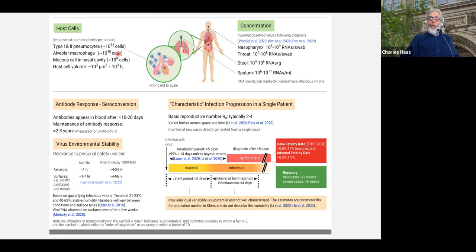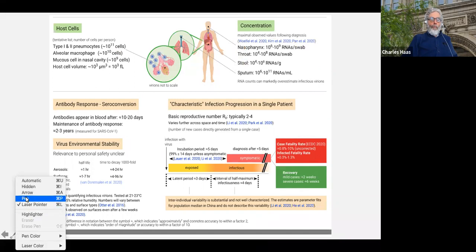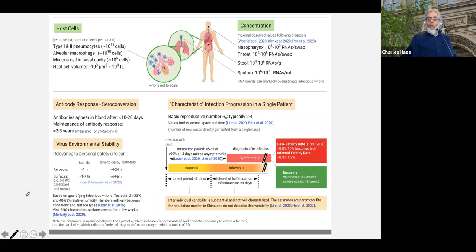People have actually measured the concentration of viruses within various human tissues. When samples are taken, we can get 1 million to 1 billion RNA copies per swab.